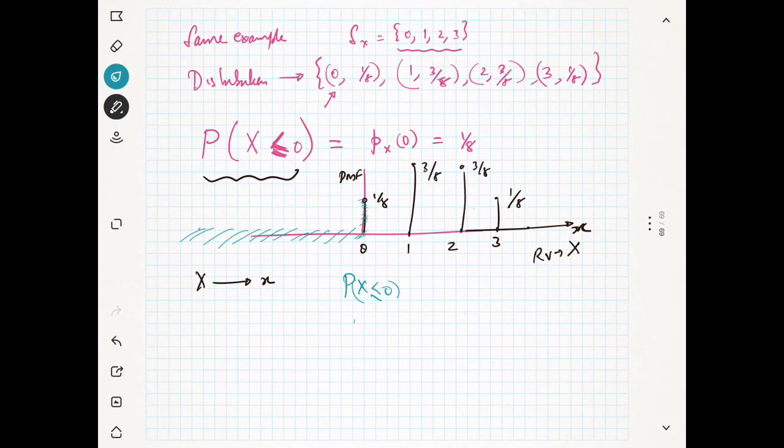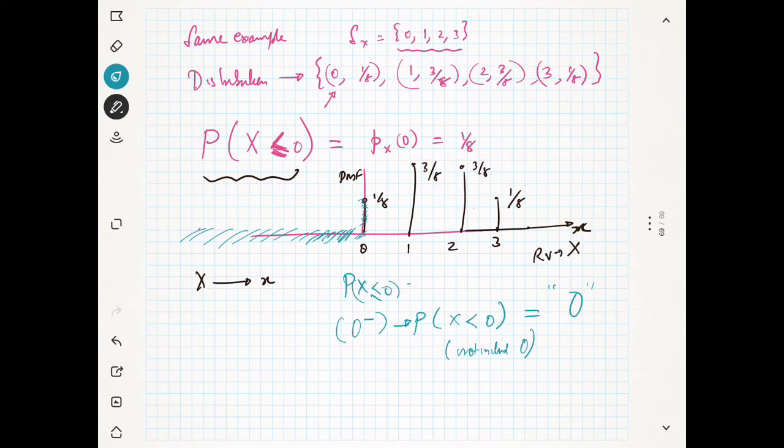If you consider the probability that x is less than 0, that means I am not including 0, then what is that? There is nothing in the sample space which is less than 0, so that probability was 0. You should be very careful.